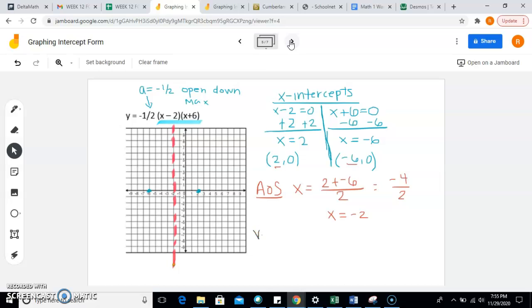Then we'll do the vertex by plugging it in. Remember, we're going back to the original equation to plug in.